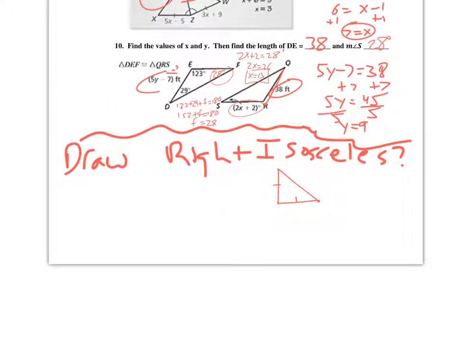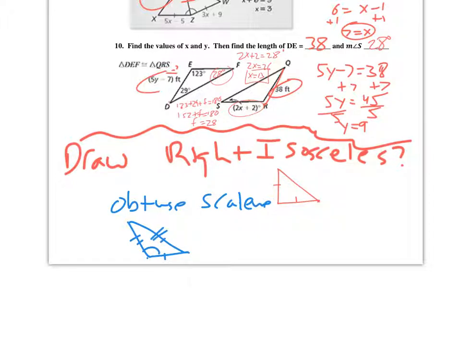You might need to draw something like a, let's see, an obtuse scalene. Can you draw that? Well, we need an obtuse angle, and we need all sides to be different. So this is obtuse, and it needs to be scalene, so we need to mark them all different.